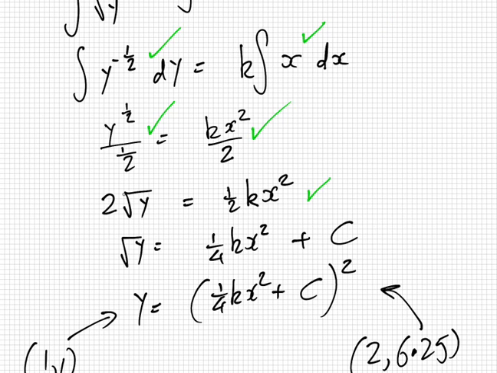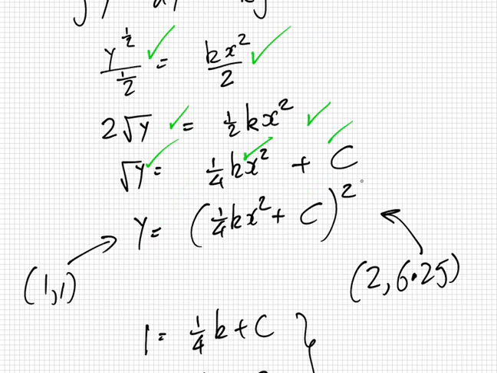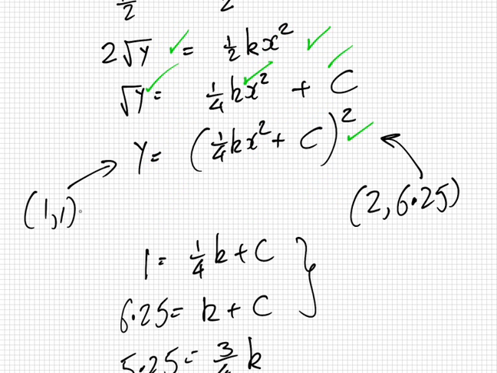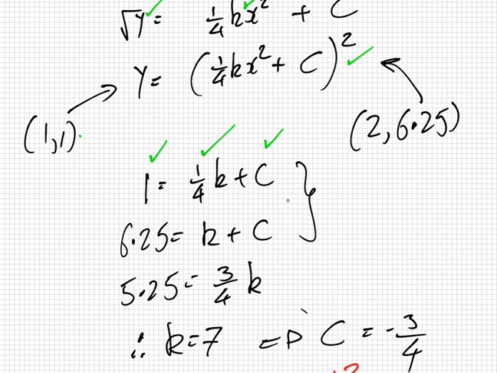That's right. That goes up. Divided by 2. That's the square root. That's a c. Then I square both sides and I put in my 1. And I get 1 equals a quarter k plus c. And then I put in my 2. 2 squared is 4 over 4 is k plus c. That's right.